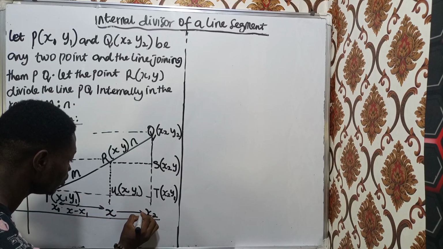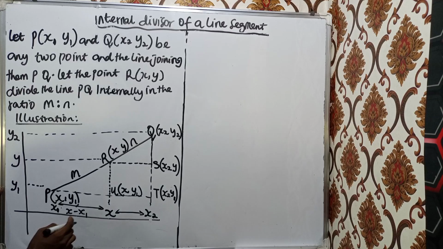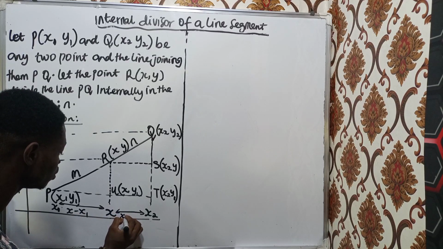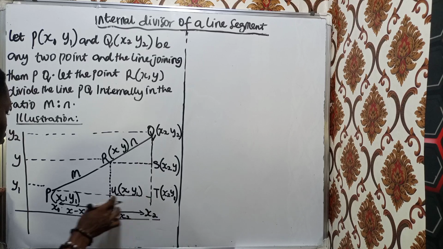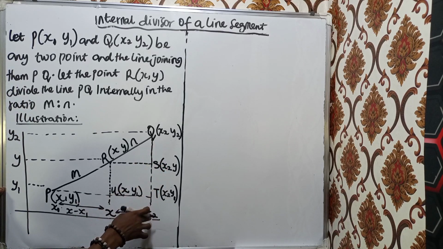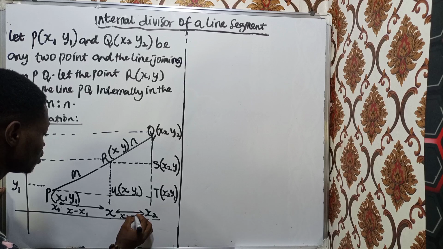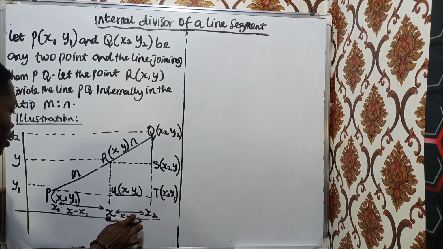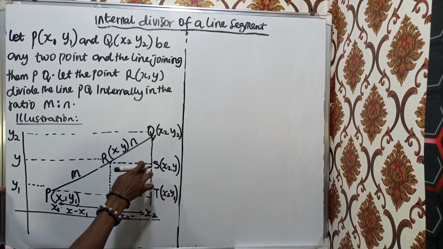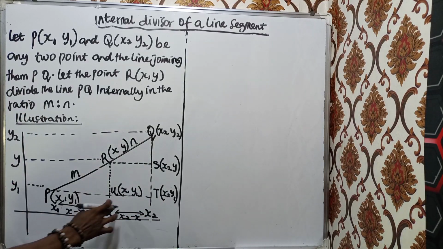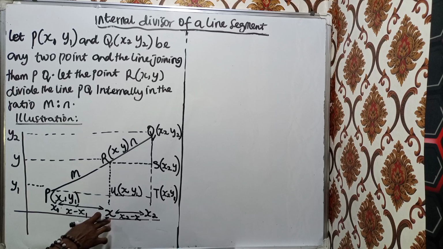So here will also be x2, and here will be x2 minus x. Yes, that will be the whole of this place, x2 minus x. Here will be x minus x1.